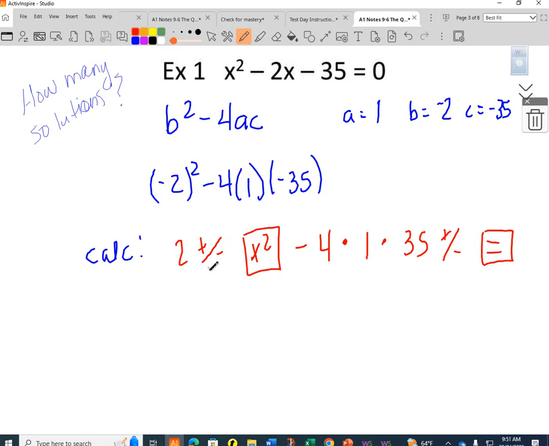2, positive/negative button, then the x squared button, minus button 4, times button 1, times 35, positive/negative button, equals button. What'd you get? Did you minus 4?